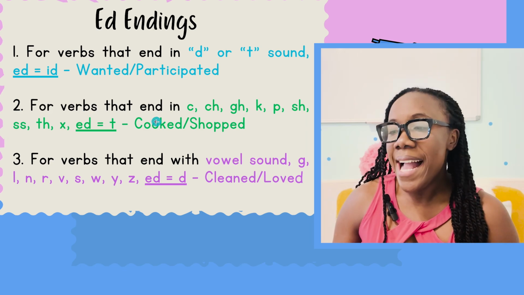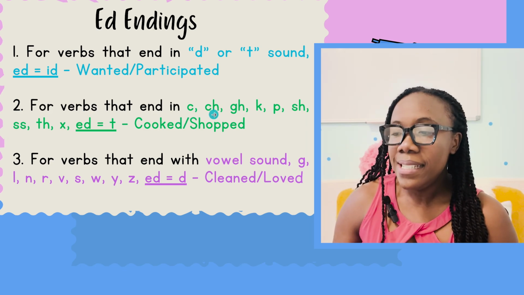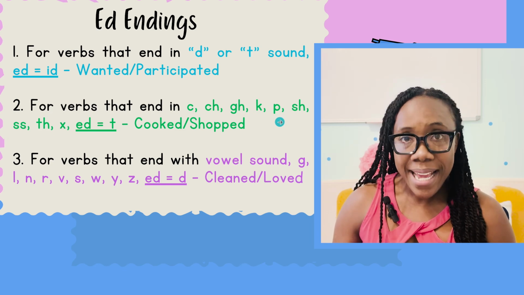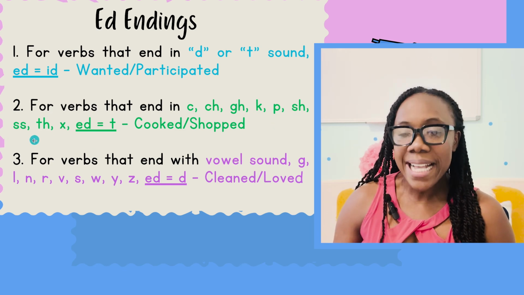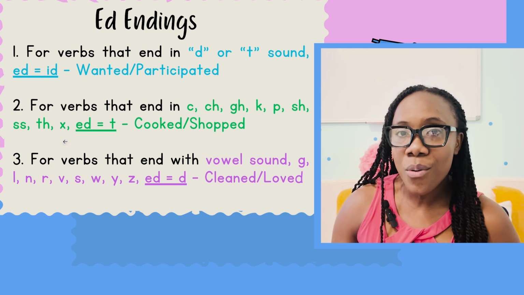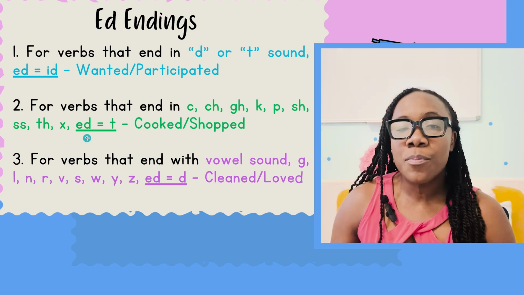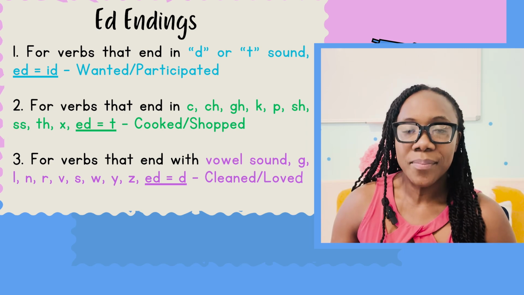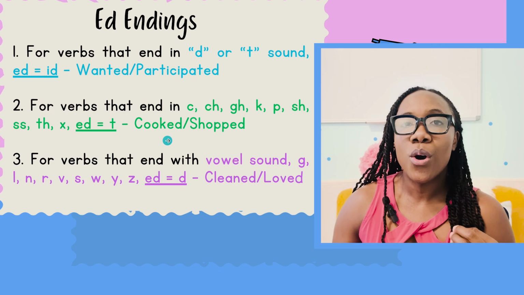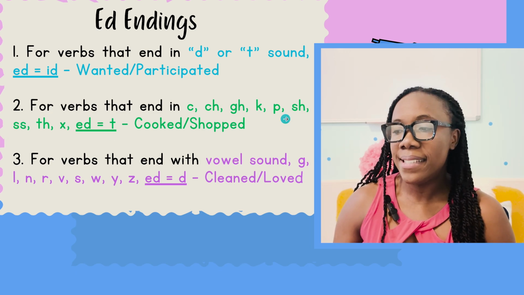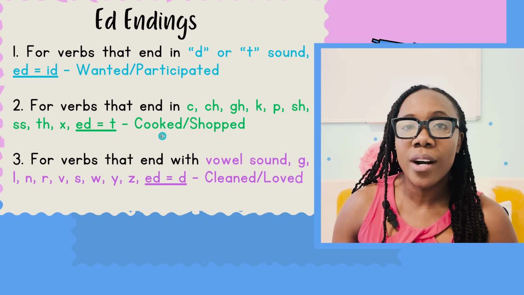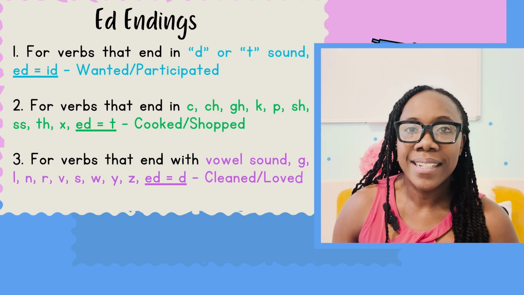For verbs that end in a C, CH, GH, K, P, SH, SS, TH, or X sound, the ed is pronounced t, like a T. For example, cook. It has that K sound at the end. So the past tense of cook is cooked.